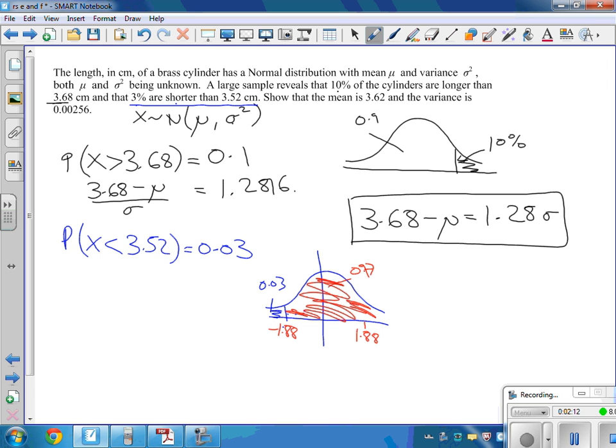So what have you got here? You've got 3.52 minus mu over sigma is now equal to minus 1.88, because that's the value we got there. Let's have this as our second equation then. 3.52 minus mu equals minus 1.88 sigma.